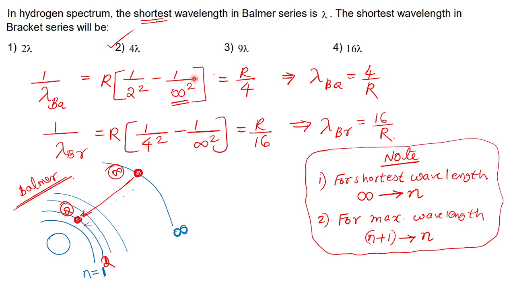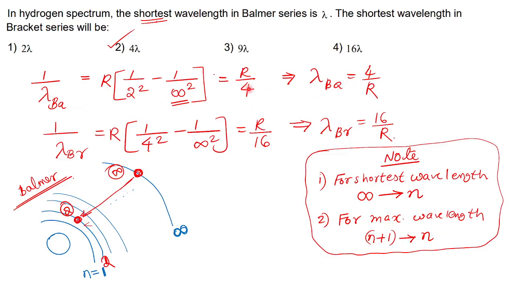1 by infinity will be 0. Remember that, 1 by infinity will always be 0. So it will be R by 4. So the shortest wavelength is obtained when the electron is jumping from infinity to 2 for the Balmer series. The shortest wavelength in the Balmer series will be what?